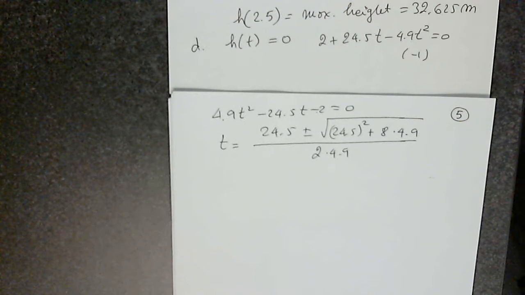This is how I would put it in the graphing calculator. The top has to have left and right parentheses. So 24.5 plus the square root. I'm old-fashioned, I have to put parentheses. They may not be required. So 24.5 squared plus 8 times 4.9.